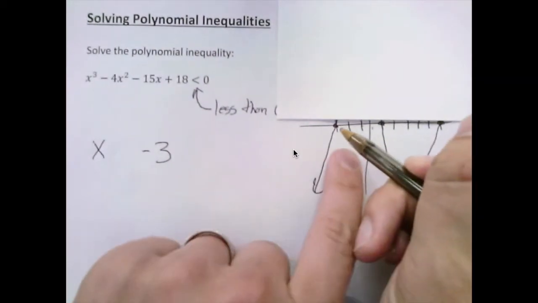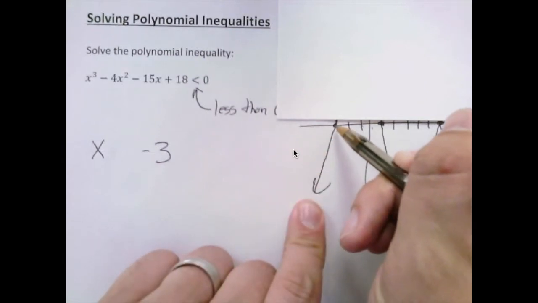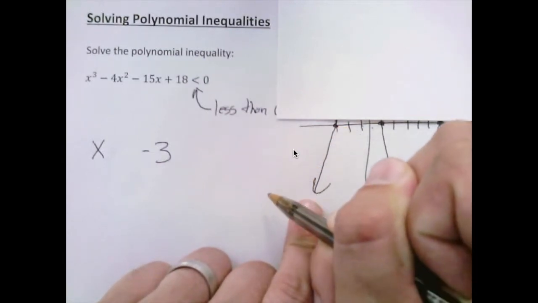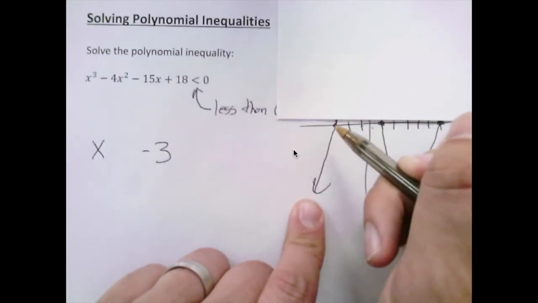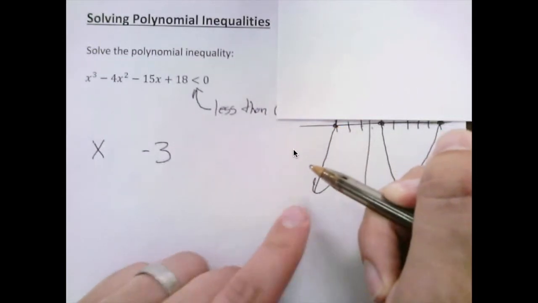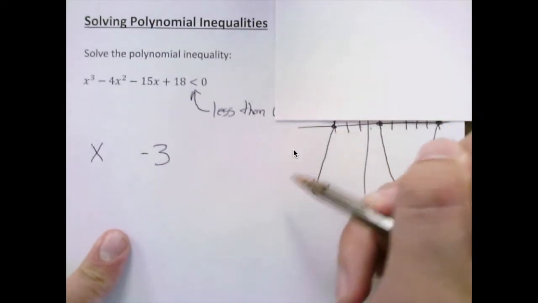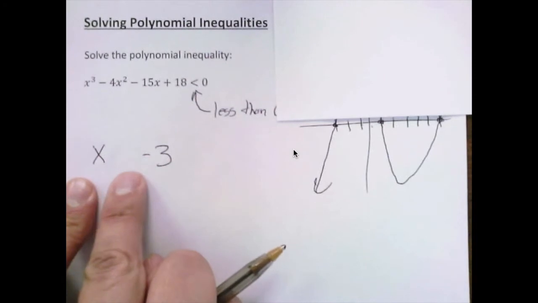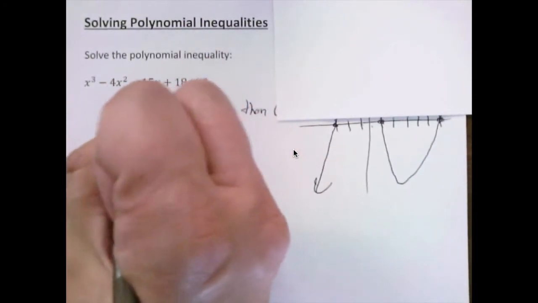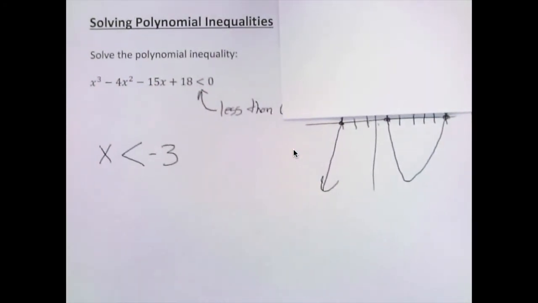If you notice, this piece of the graph starts at -3 and then tails off to the left towards -infinity, the numbers smaller than -3. So I need an inequality that says I need the x's smaller than -3, so you'd use a less than symbol. That's just using inequality logic.